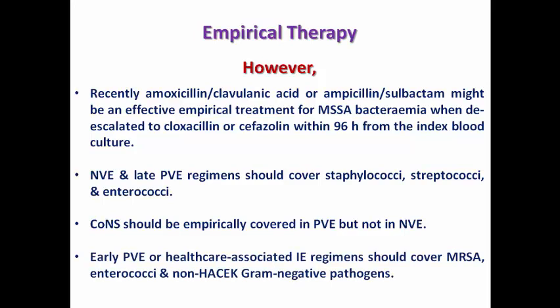And for early prosthetic valve endocarditis or healthcare associated infection, the antibiotic regimen should cover methicillin resistant Staph aureus, famously called MRSA, enterococci, and non-HACEK gram-negative pathogens, because they are common culprits for these types of infection.